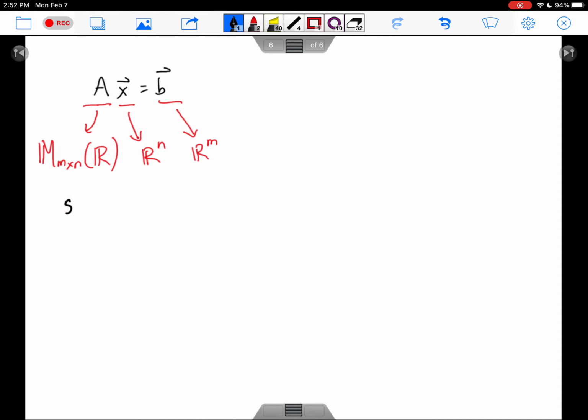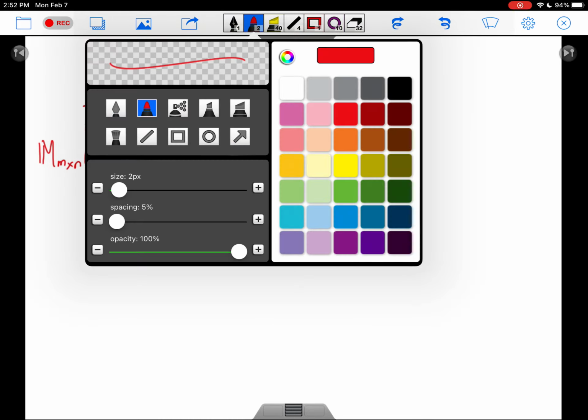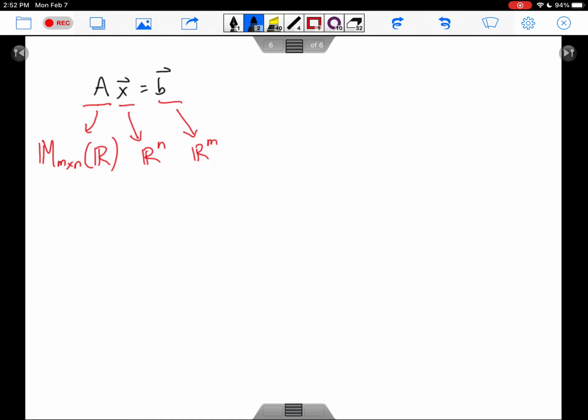So because the solutions are part of Rn, let's go ahead and write down the formal set definition of a solution set. We call this set builder notation. So it's the set of all vectors in Rn such that they solve the system.